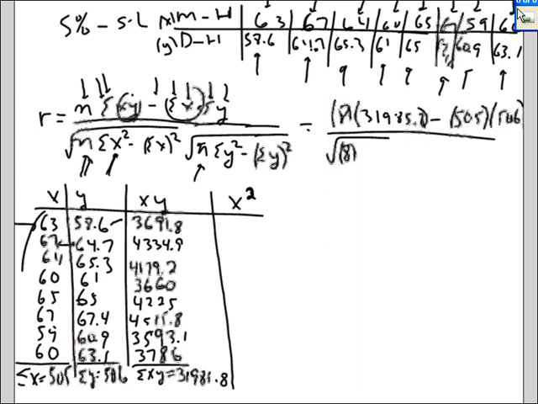So now I take all these x's and I square it. 63 times 63 is 3969. 67 times 67 is 4489. Then 4096. And then 3600.